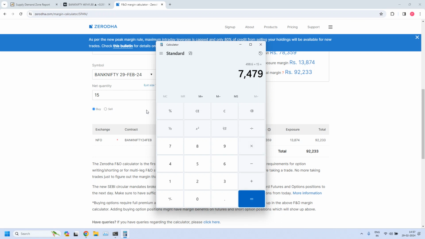So what is the ROI? Approximate ROI is profit into 100 divided by the cost of one futures lot, 92,233. That is 8.1% ROI, the rounded value.